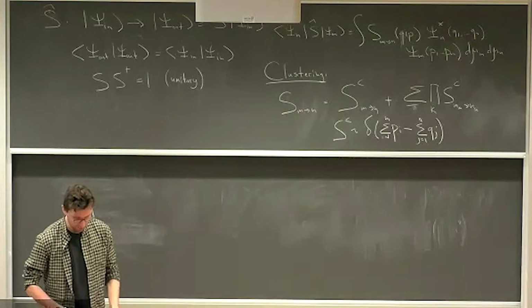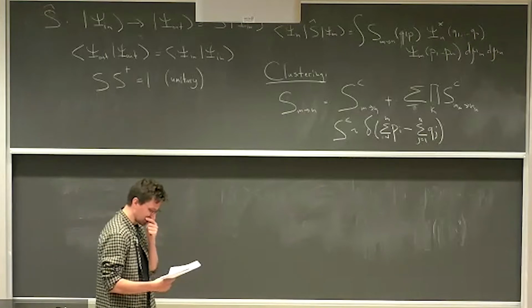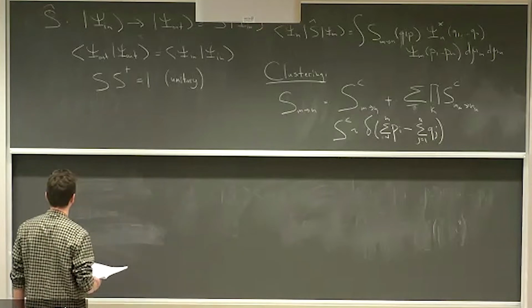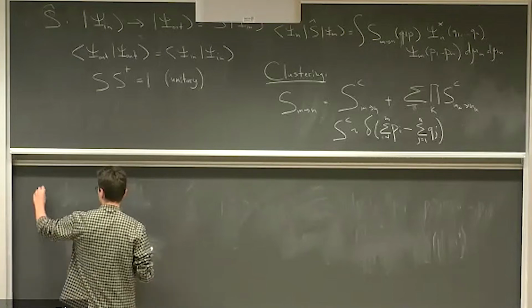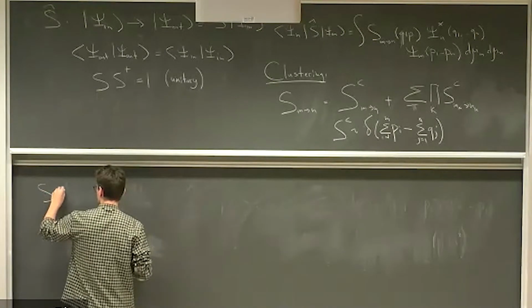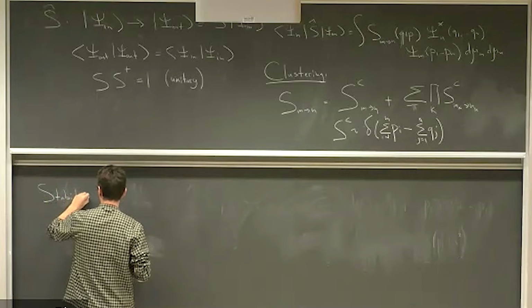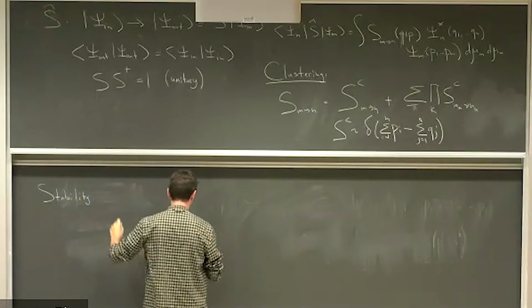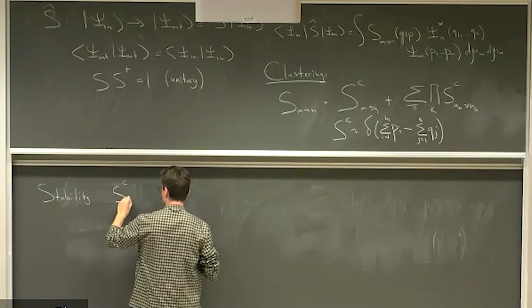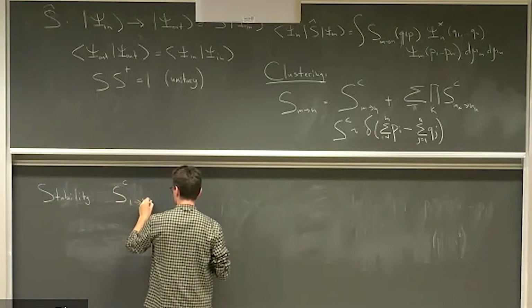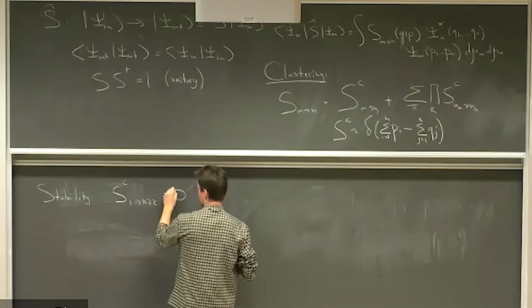So there is one exact S-matrix. First, let me write a few formulas which are exact. First, when we say particles are stable, the connected element is 0, so it does not decay.